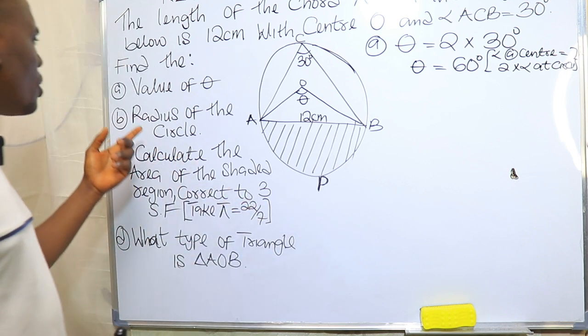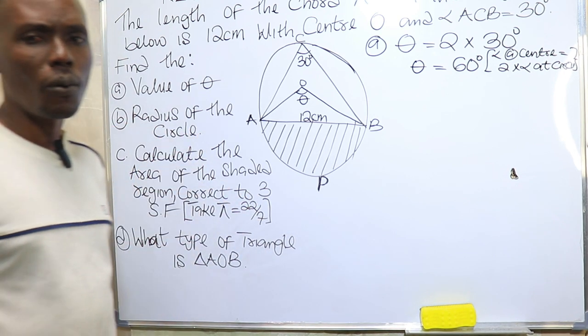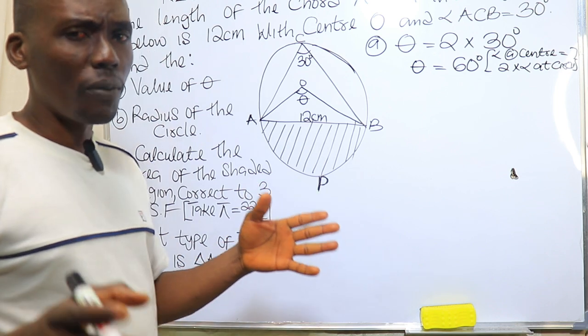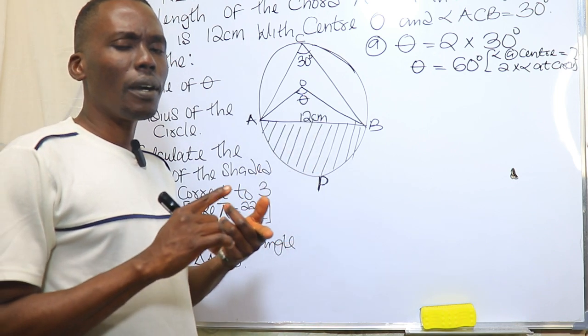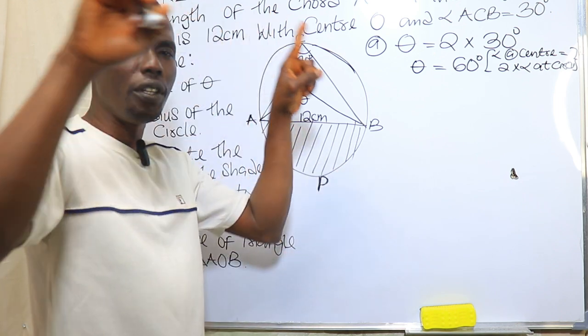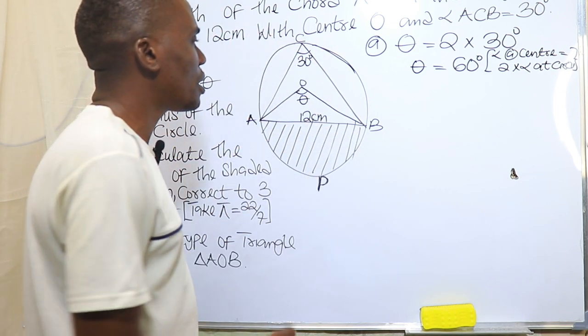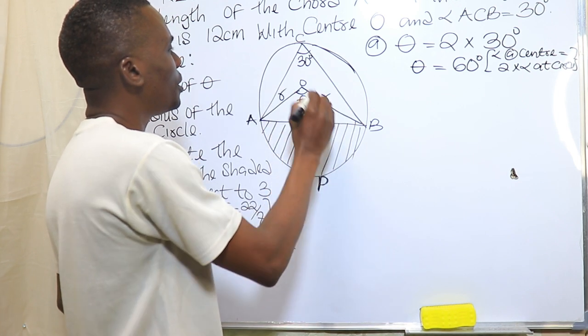Now, the second question says we should calculate the radius of the circle. You know that the radius of any circle is the line drawn from the center of the circle to any point on the circumference. Hence, this is a radius and this is a radius.